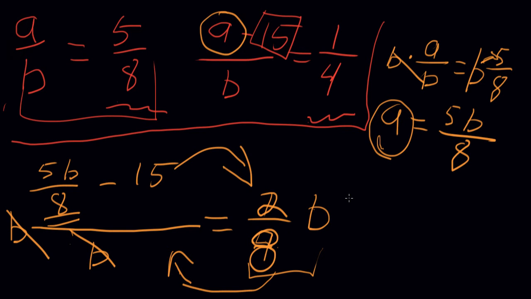If you're watching this video, you should understand why I was able to do that, because you should have seen it before by this point. But basically, I just multiplied by 2 over 2 to take 1/4 and turn it into 2/8, which is the same.